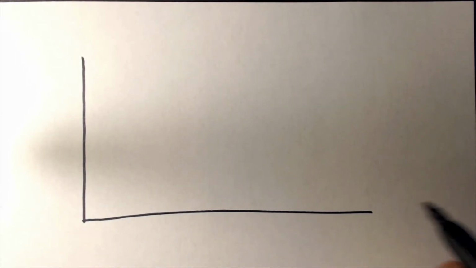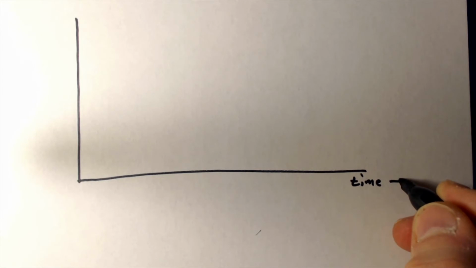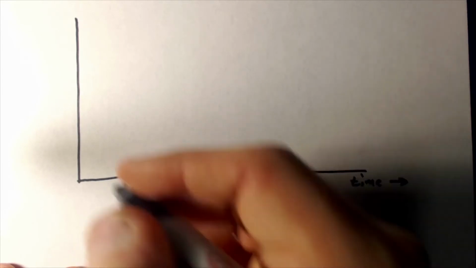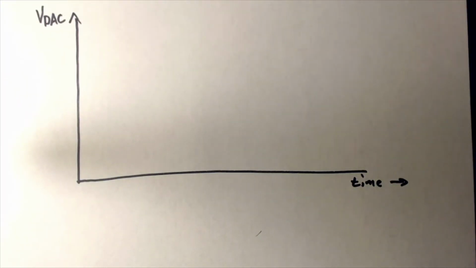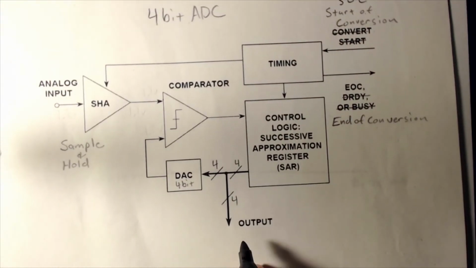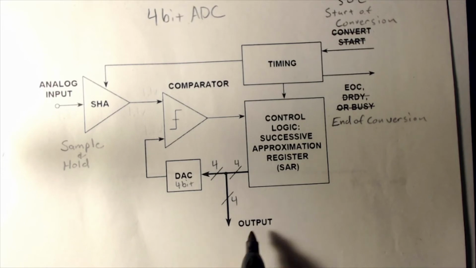We're going to have time along the x-axis and the voltage output from our DAC along the y-axis. If you notice, the output from our ADC is really the input to the DAC. Okay? It's going to make a lot of sense in a second.